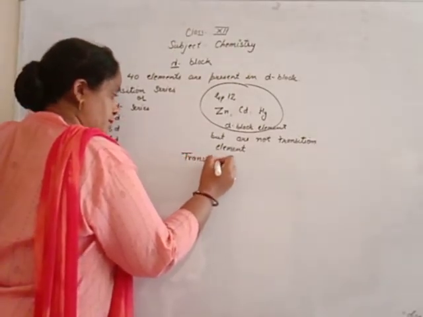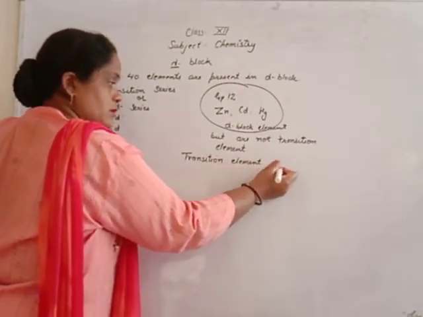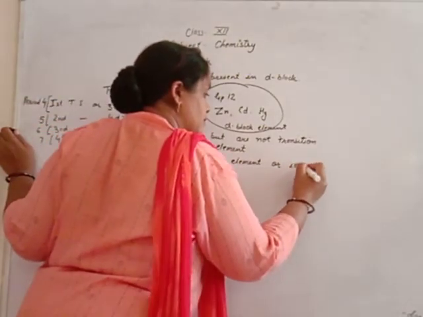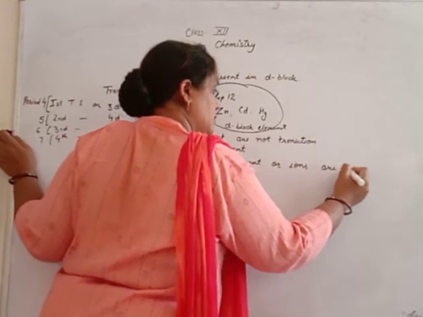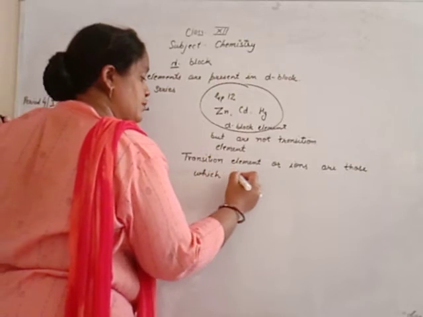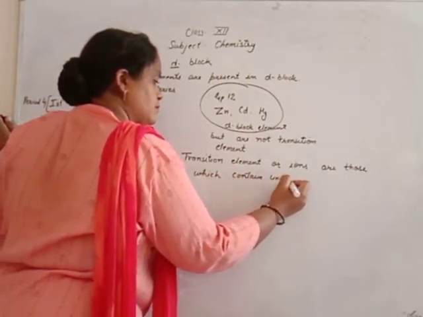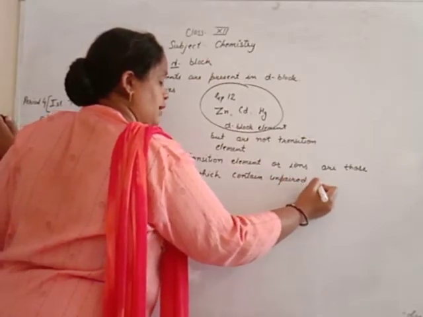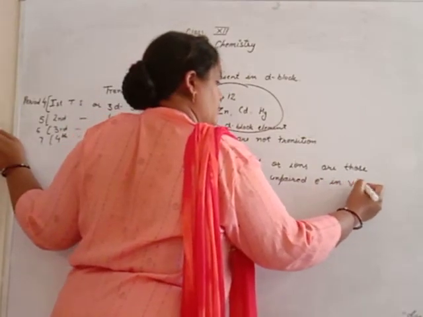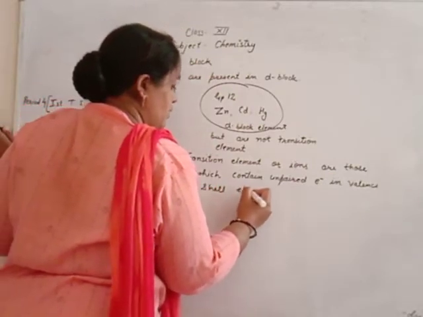Transition elements or ions are those which contain unpaired electrons in the valence shell electronic configuration.